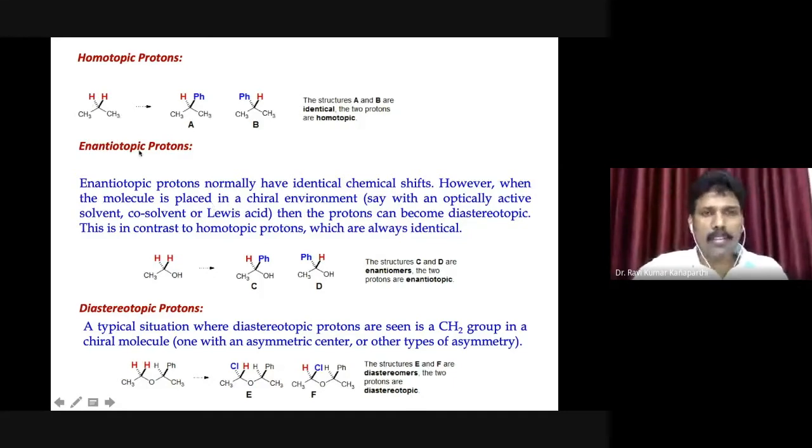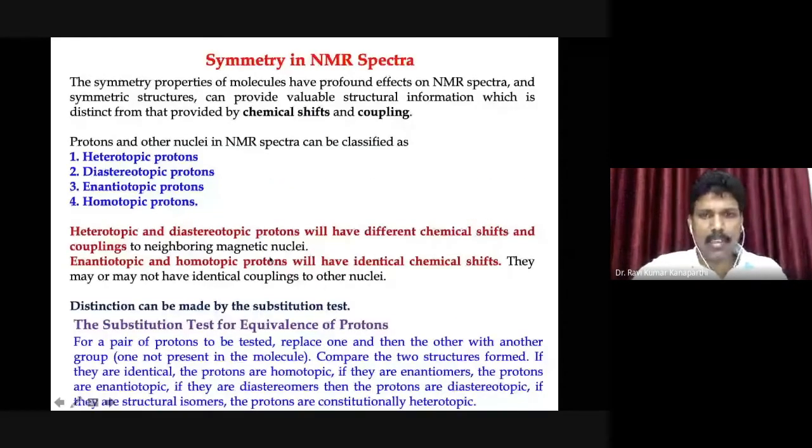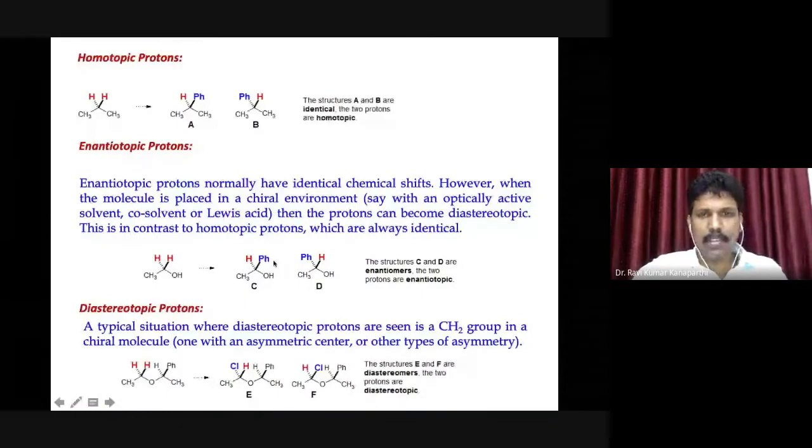Similarly, the enantiotopic protons. Again, I'm taking the example of ethanol, and the ethanol CH2 protons. I am doing the same substitution test, replacing with a phenyl. You can replace with any other group you like, it doesn't matter, but I am going to demonstrate with the phenyl group. When I replace with the phenyl group, then definitely I will get two different structures.